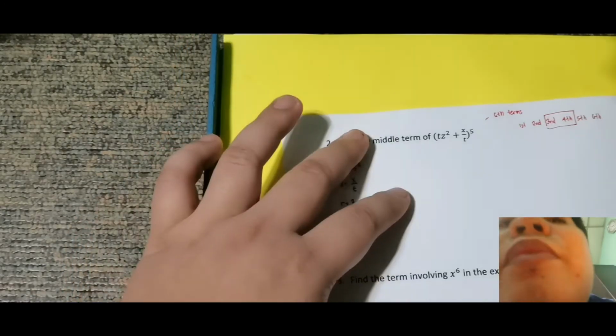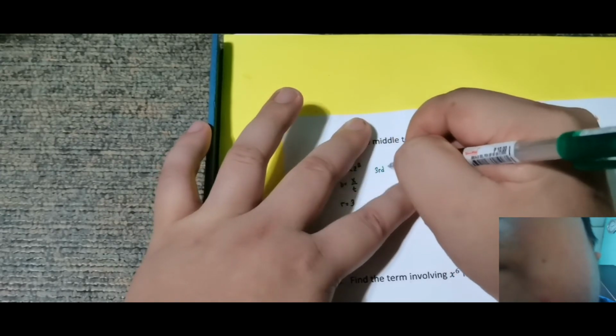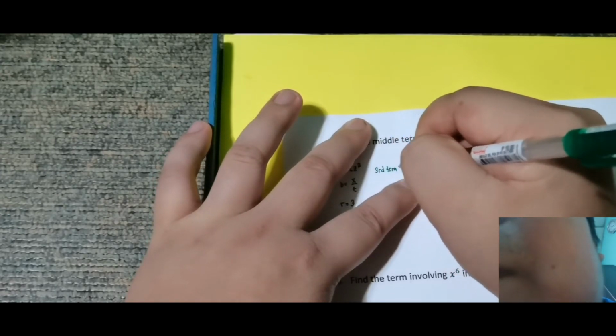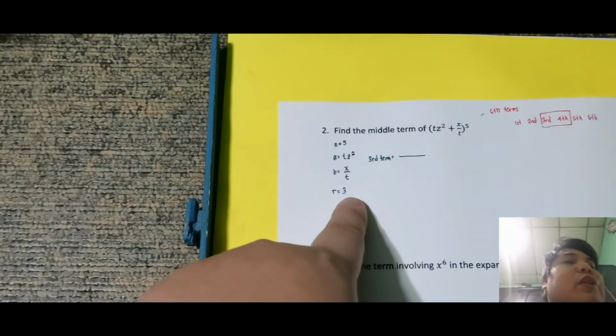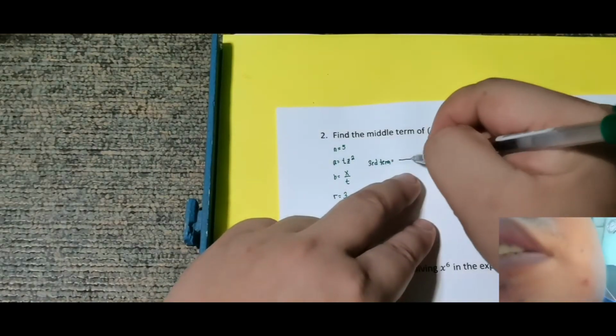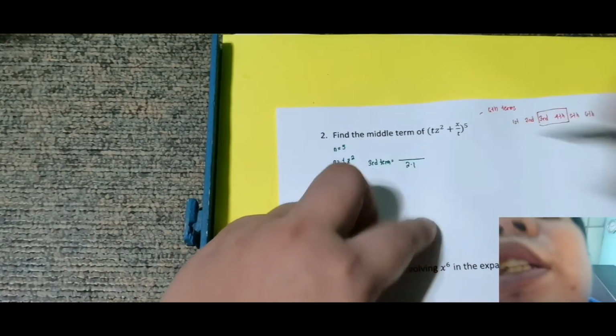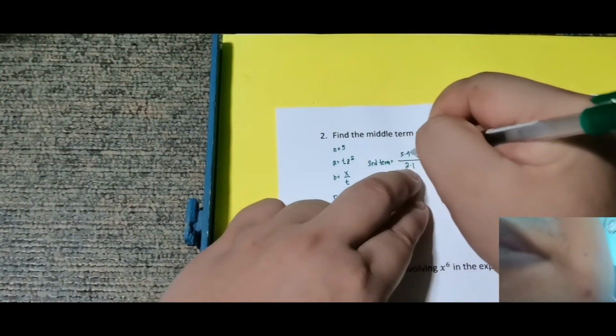So, kunin natin yung third term. So, the third term is equal to, sa ilalim, since 3 minus 1 factorial siya, so magiging 2 times 1 lang. So, this is just 2 times 1. Since 5 tayo, sa taas is 5 times 4 times 3.